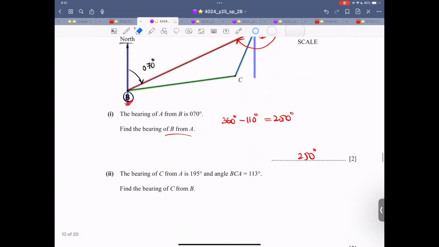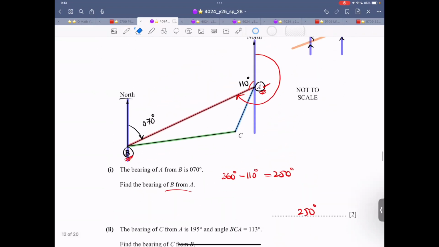The next thing, the bearing of C from A is 195. Now C from A is this one. Let me highlight it. This is C, this is A, this is all the way up till here. So let me draw this thing as a blue line like this. C from A, it's 195. Now if it's 195, there are two ways to do this.